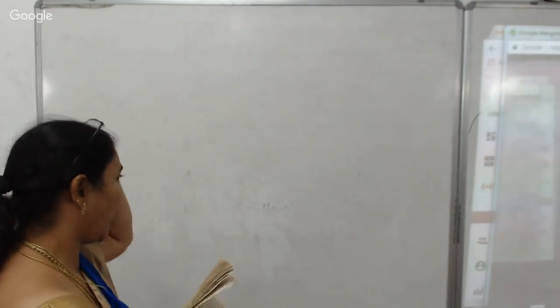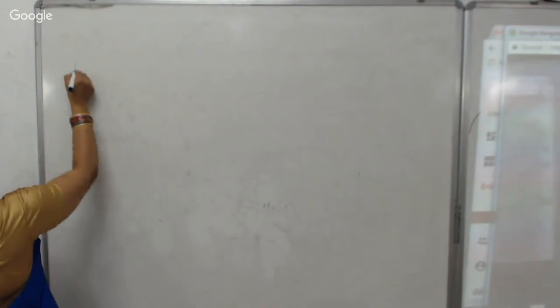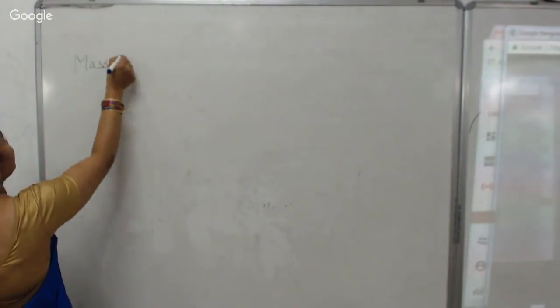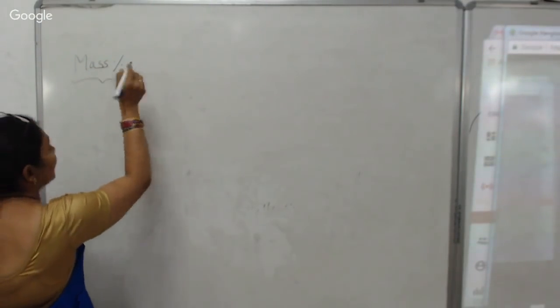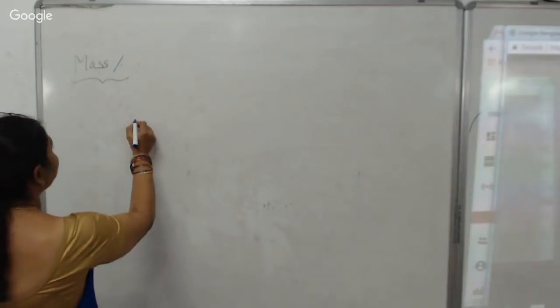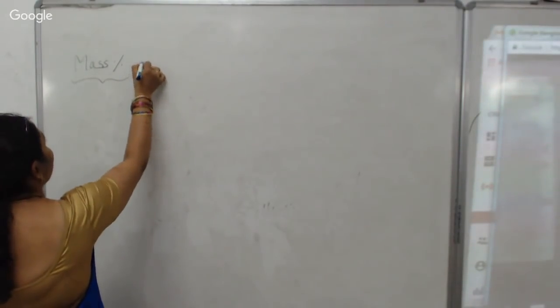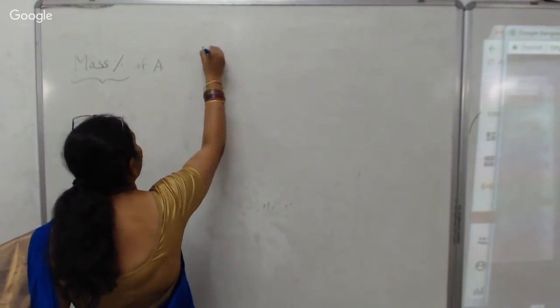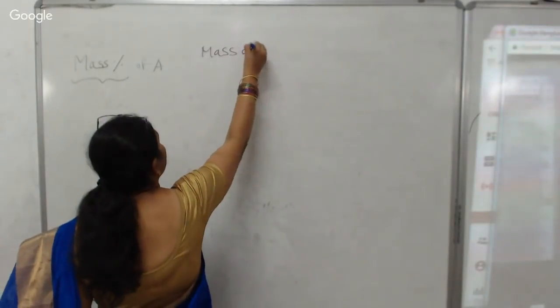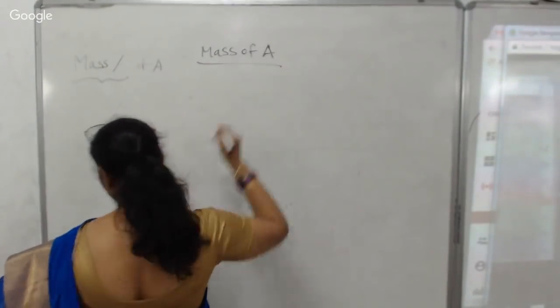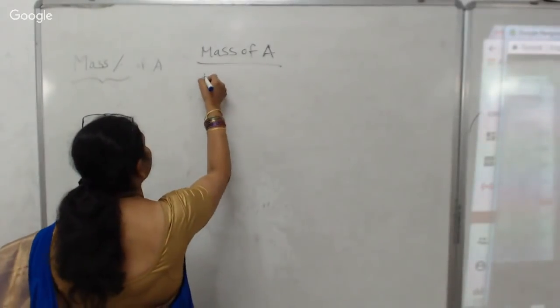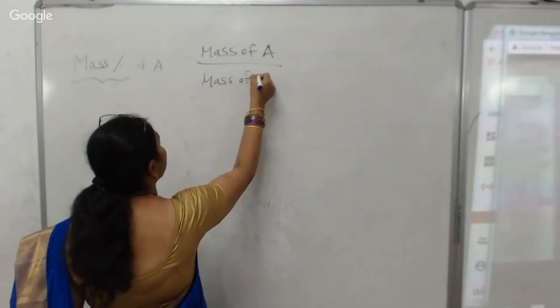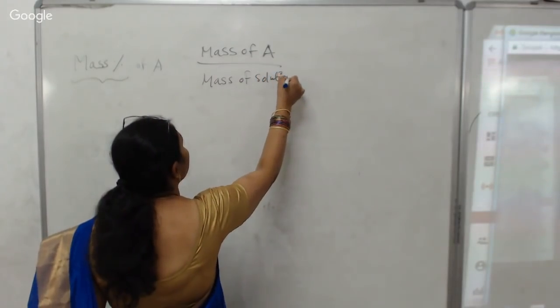How will you calculate the dilution using mass percent? Mass percent of A is equal to mass of A divided by mass of solution into 100.